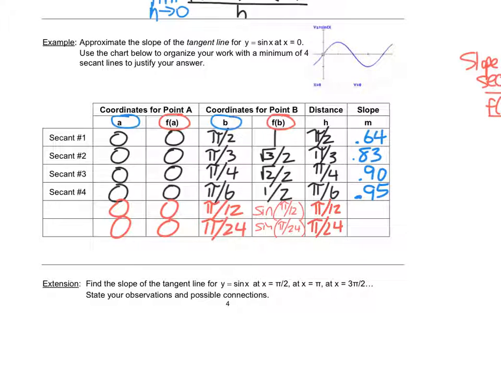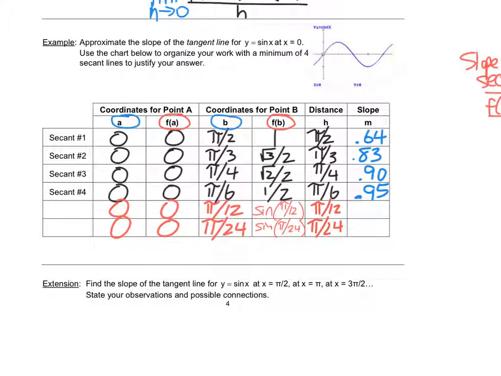So I'll just run another couple of calculations. It's going to go to 1, but the earlier values weren't telling us that, and these will. So sine of pi over 12 divided by pi over 12, and then do the same thing with 24.